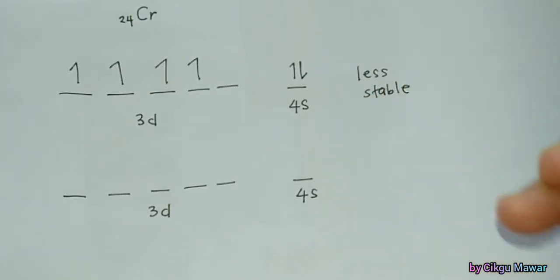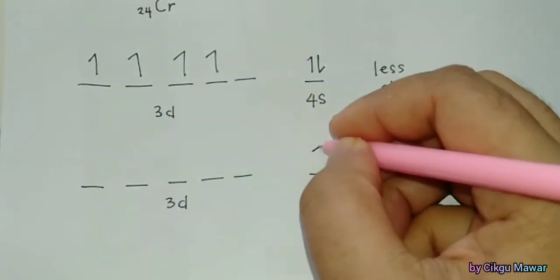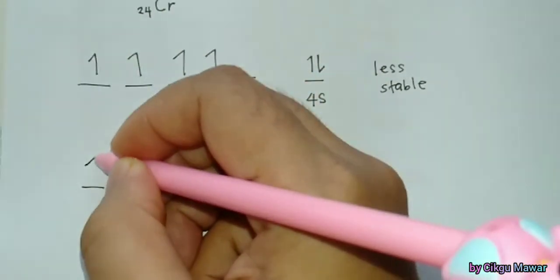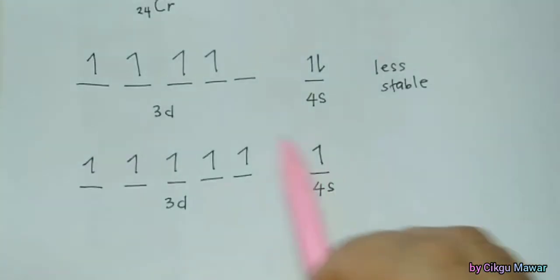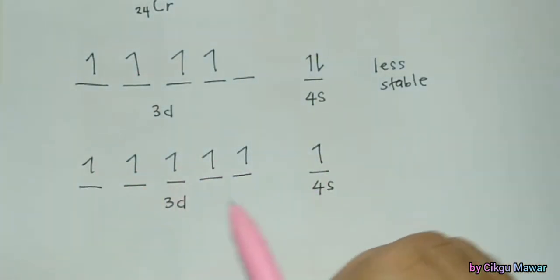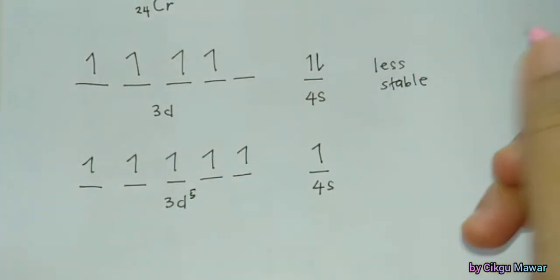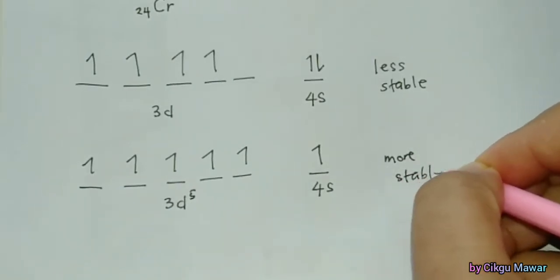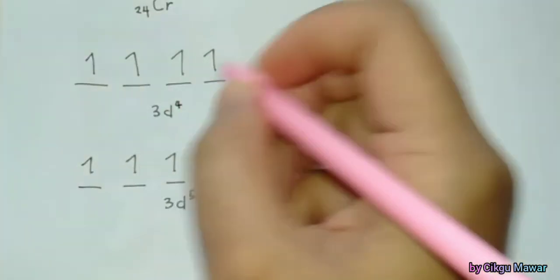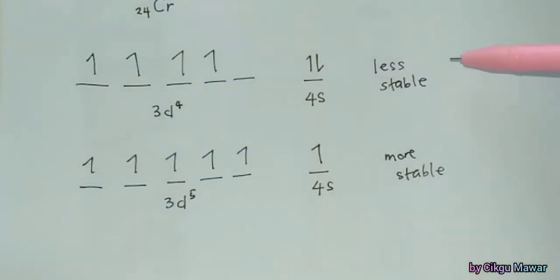So that's why for chromium we fill up like this, 4s1 and 3d5, because this half-filled orbital, 3d5, is more stable compared to 3d4, which is a partially filled orbital and less stable.